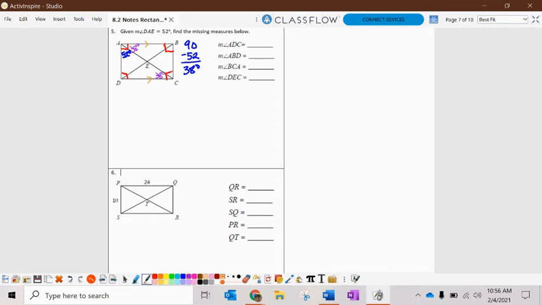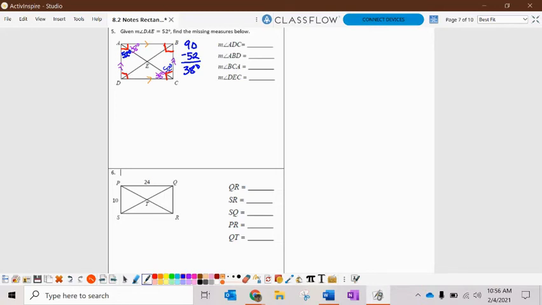Okay. If I look at the z made with the sides that we have, so if I look, I know that these two sides are also parallel. So if I look at this z, I know that these are alternate interior angles. So those two will be congruent.